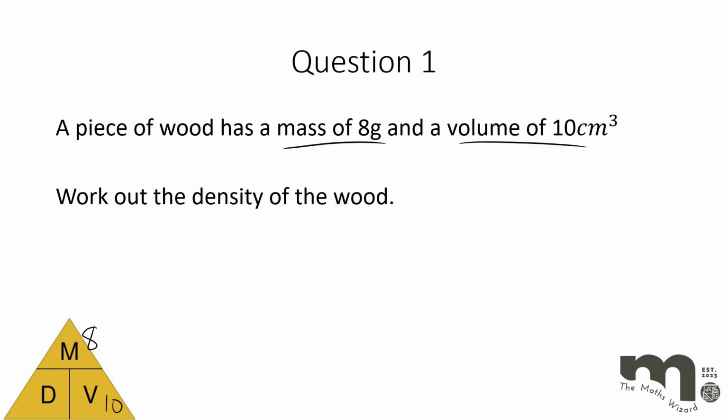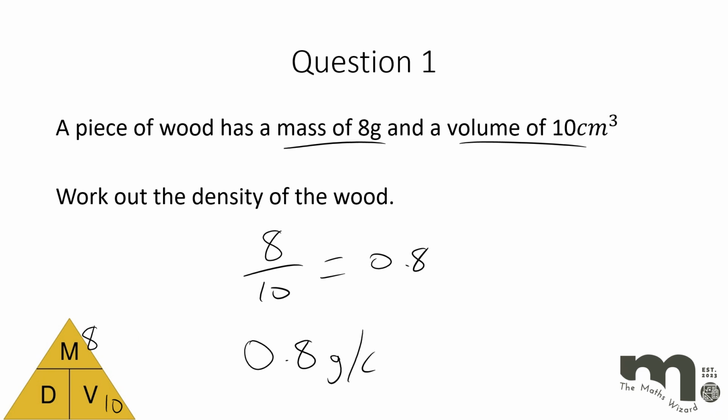I would like to work out the density of this wood. If we do 8 divided by 10, as you can see from the triangle, that gives us 0.8. So that tells us the density will be 0.8 grams per centimeter cubed. So if we had 1 cube of it, it would weigh less than a gram.